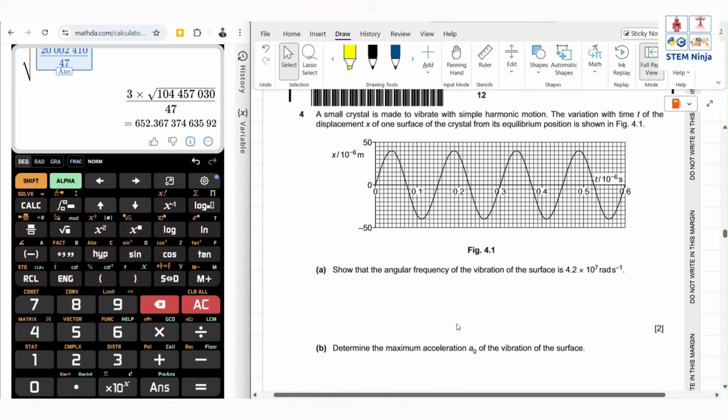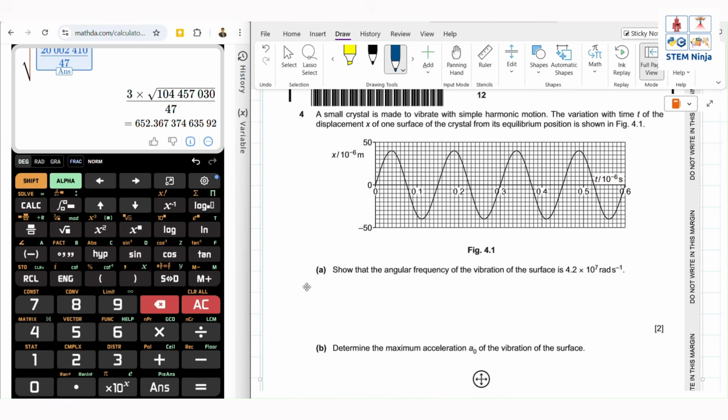Moving on to question number 4. A small crystal is made to vibrate with simple harmonic motion. The variation with time t of the displacement x of one surface of crystal from its equilibrium position is shown. Show that the angular frequency of the vibration of the surface is this. So angular frequency is 2 pi over T, or 2 pi f. So if we are able to determine the time period, we can find that out.